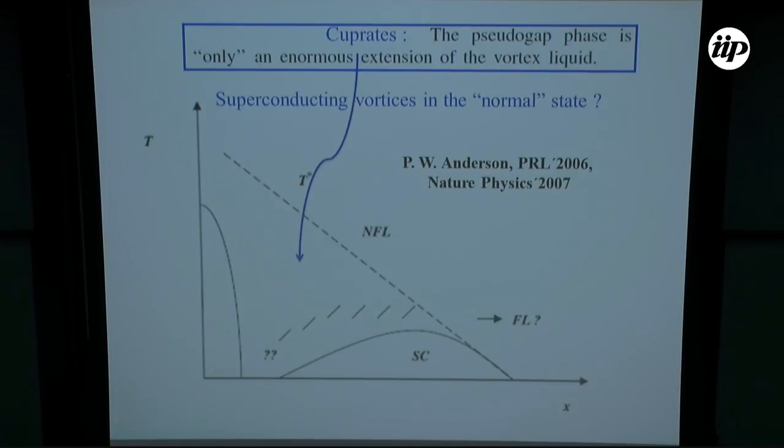This is just an enormous extension of the vortex liquid. In other words, you have still the Cooper pairs which are tightly bonded, and you have vortex liquid in between. The only parameter you need to introduce to make sense of this discussion is some sort of incompressibility, and this should already be a special discussion on the origin of this phenomenon.